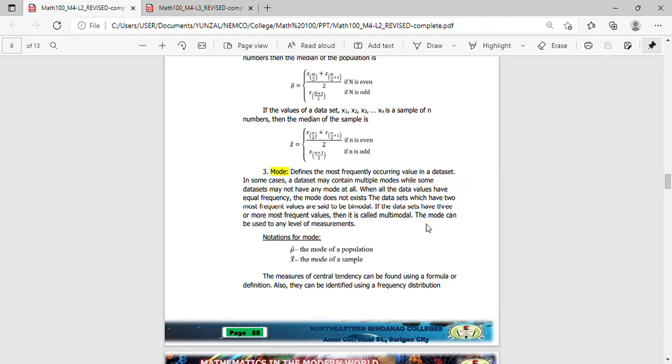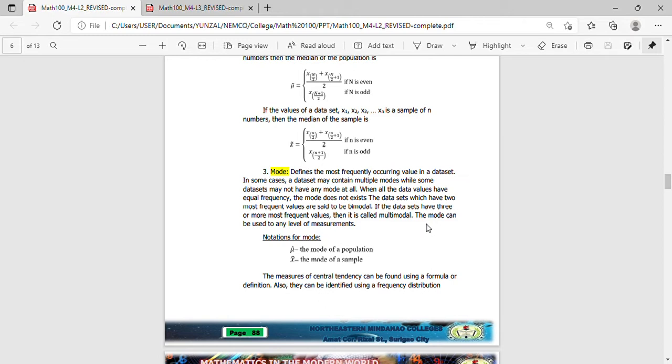Again, when all the data values have equal frequency, like for example, we have data values like 1, 2, 3, 4, 5, 6, 7, 8, 9, 10. Mao na nga itong mga data na nagather nato. And if they just have equal frequency, pasabot ana is the mode does not exist. Okay, isa raman, 1, 2, 3, 4, 5, 6, 7, 8, 9, 10. So, walay gabalik-balik. That means the mode does not exist.